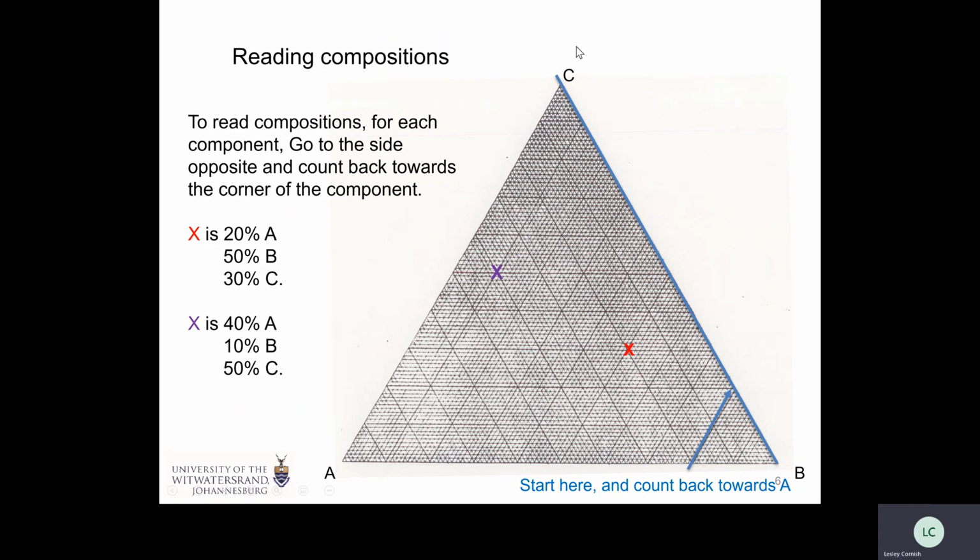So C, we go to the other side and we count back towards it, 10, 20, 30. So that's the composition. And then I just gave another one here for an example.